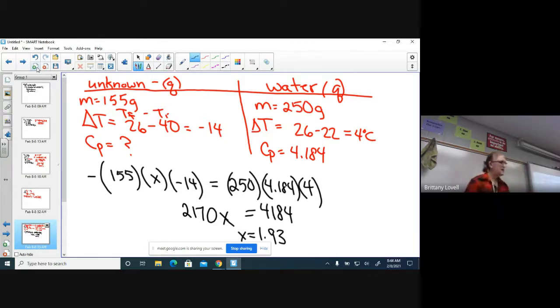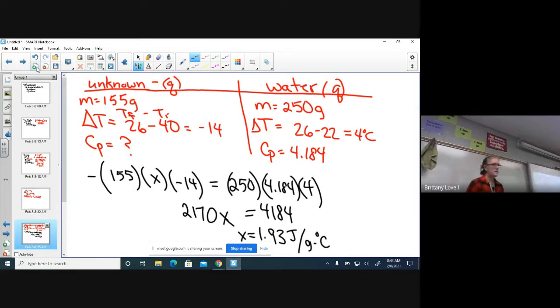What are the units for specific heat? Yeah, joules per gram degrees Celsius, right? Because it's the amount of heat needed to raise 1 gram of that substance by 1 degree Celsius. So the units really are joules per gram degrees Celsius.